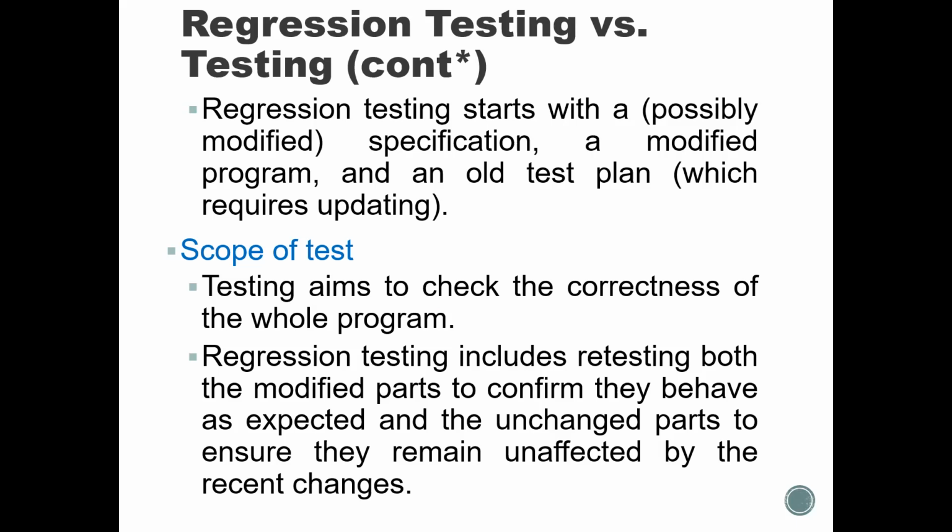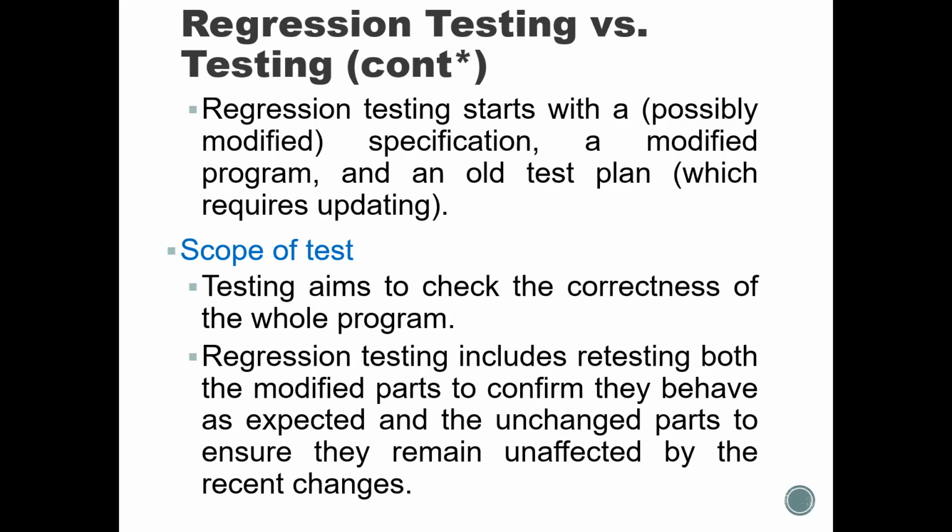This unchanged part does not mean the whole software, because the whole software was not touched. Let's assume we have modified one part, and the complete other part has not been touched. It doesn't mean you need to reevaluate the entire untouched part.